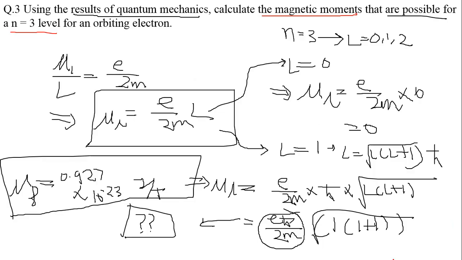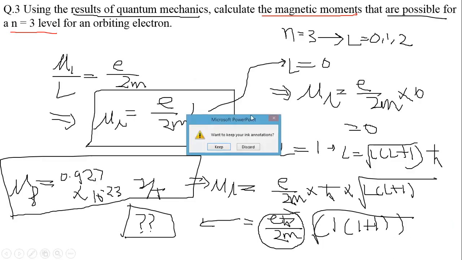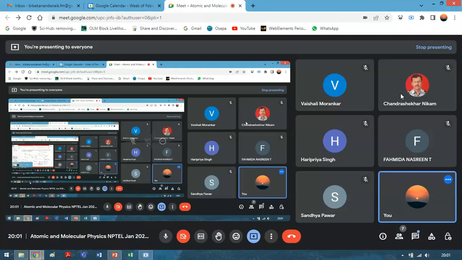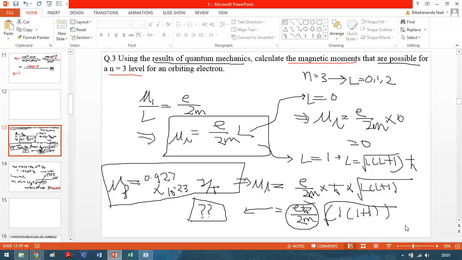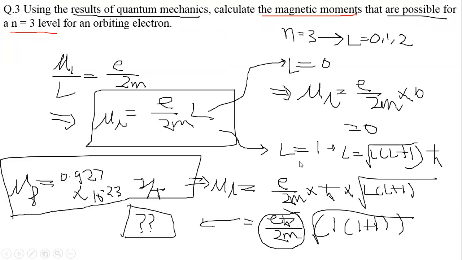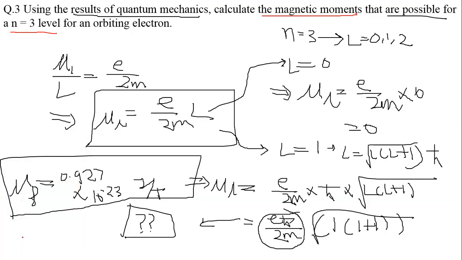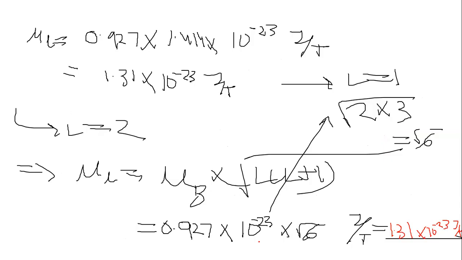So these are the possible values of magnetic moments when the atom is placed in a level for which n is 3. First it will be 0 for L equal to 0. For L equals 1, it will be 1.31.